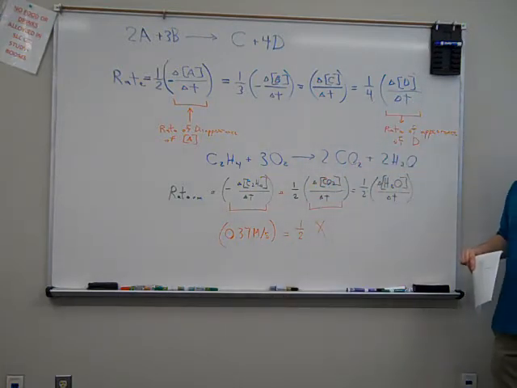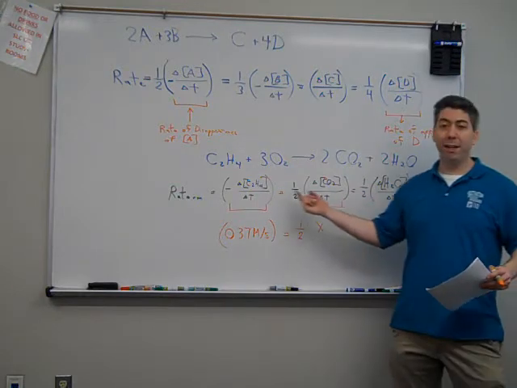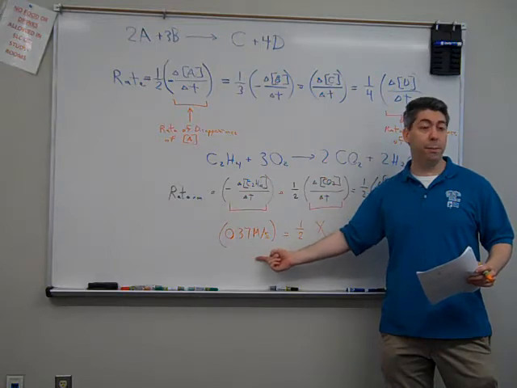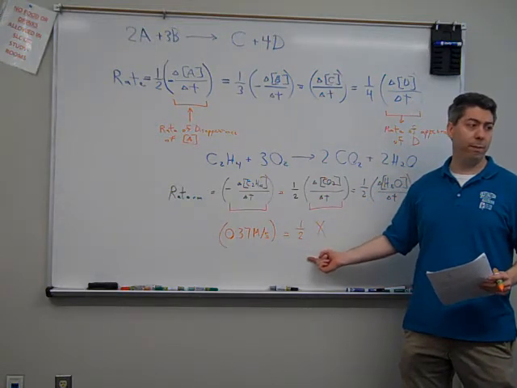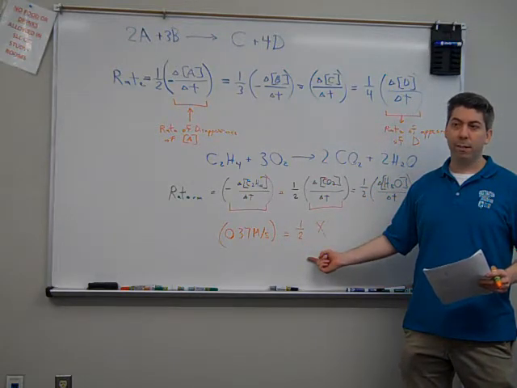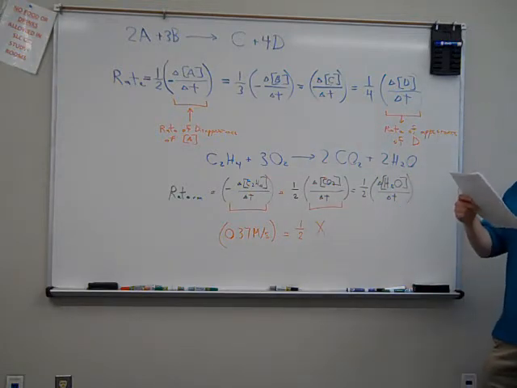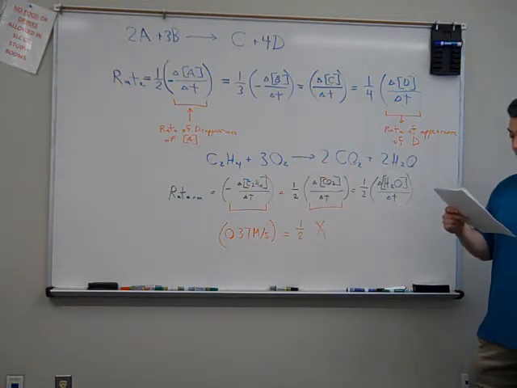By knowing your definitions, you take something that actually looks pretty darn complicated, right? And make it into something extremely simple. Make sense? Okay, so then, what is x in this case? What is the rate of appearance of CO2?